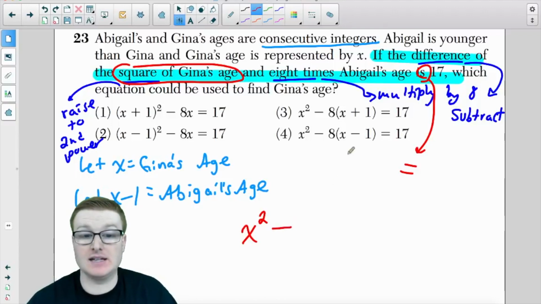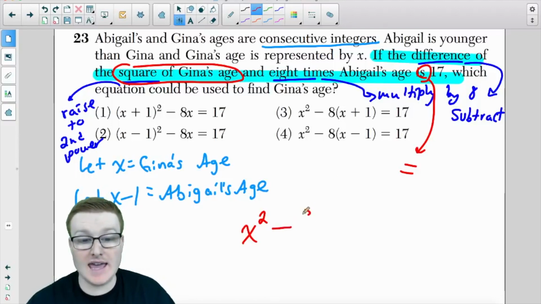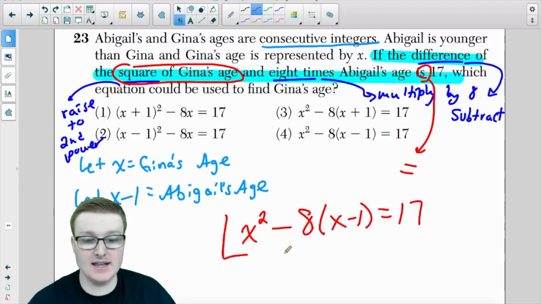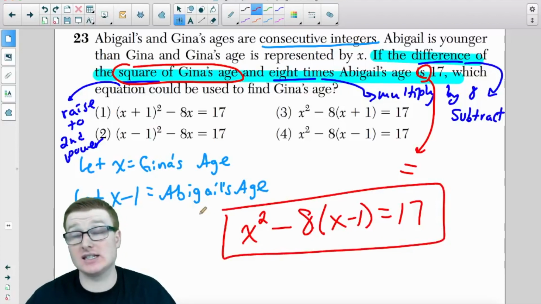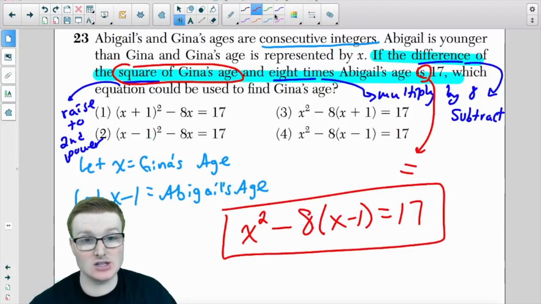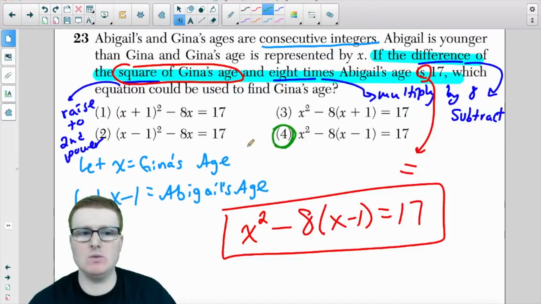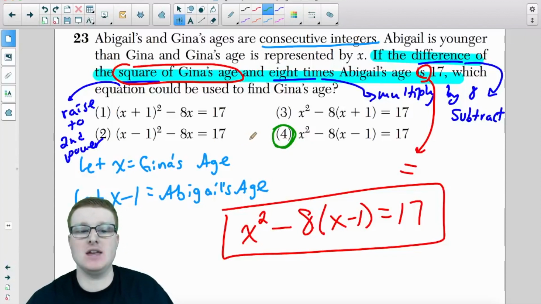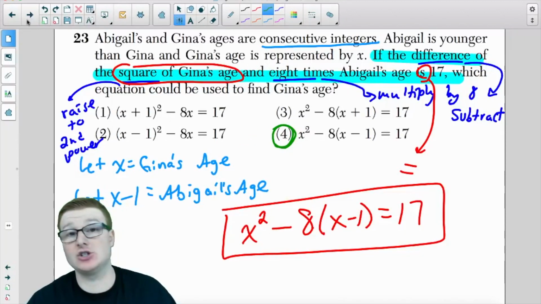And we're subtracting because it says difference, and the difference of 8 times, with the multiplication, Abigail's age is 17. Ladies and gentlemen, that is the equation to solve for their ages. Your answer is choice 4 for that question. That was a tricky one. A lot of words. Make sure that you know these code words in mathematics. All right, so your answer is choice 4.